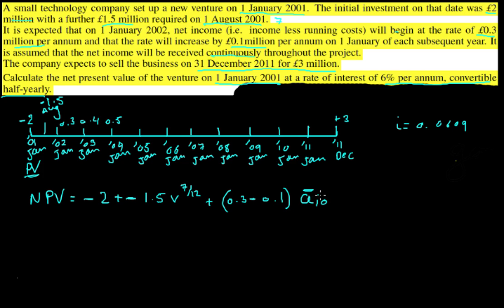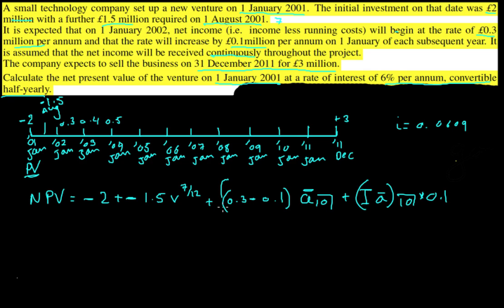So n is equal to 10. That's just a payment of 0.2 going on for each year, and then we're going to use our increasing continuous annuity over 10 years as well, times the amount that it's increasing by, which is 0.1.